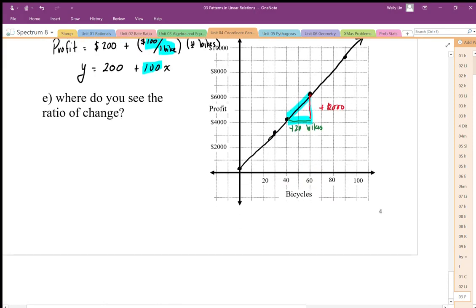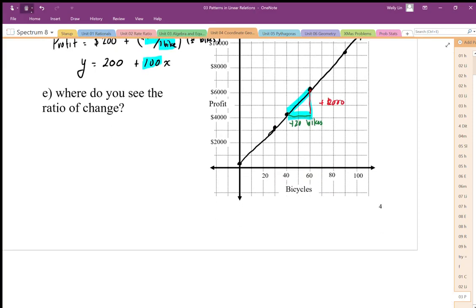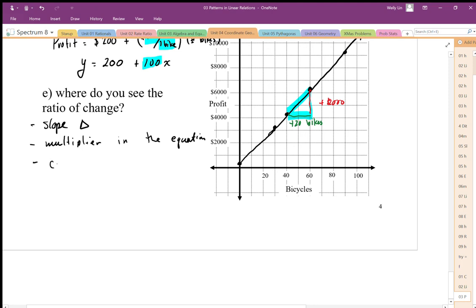So I'm going to write those down. Number one, I see it in the slope triangle. It's the multiplier in the equation. It is also the changes on the outside of the table.